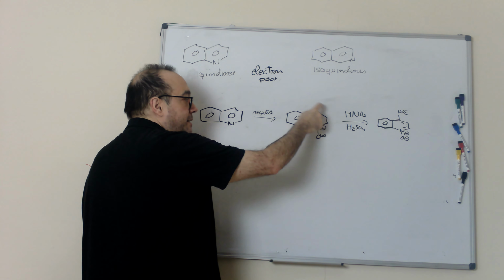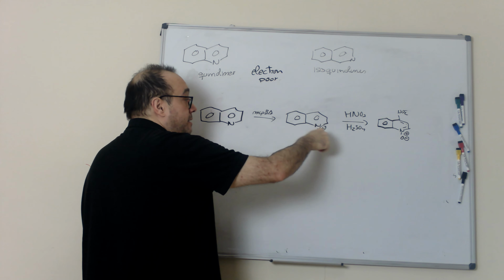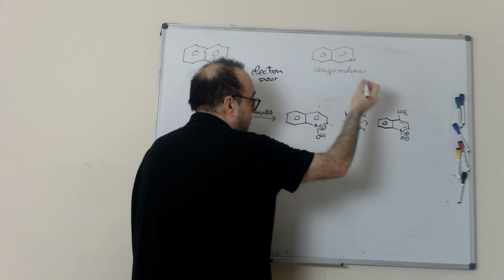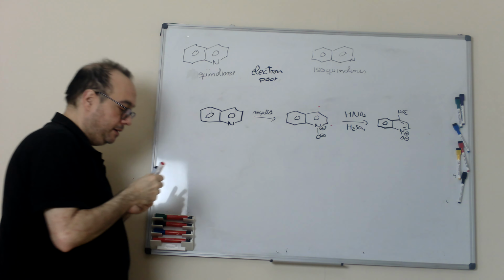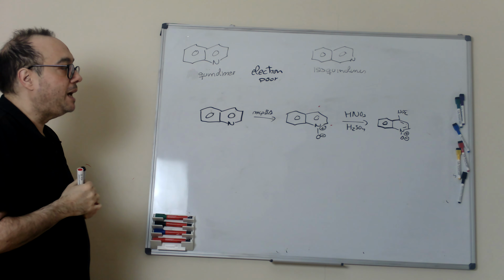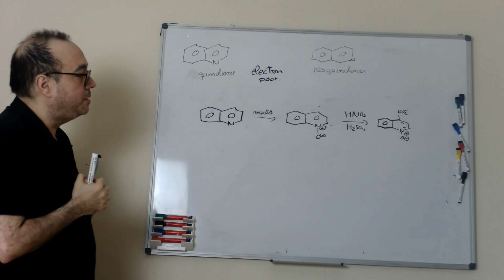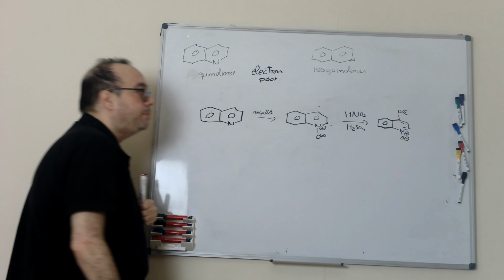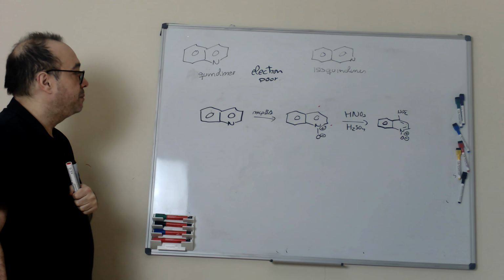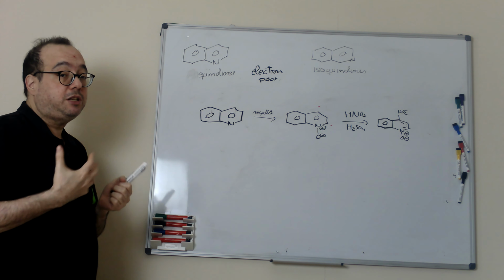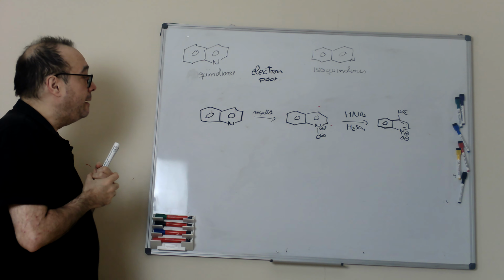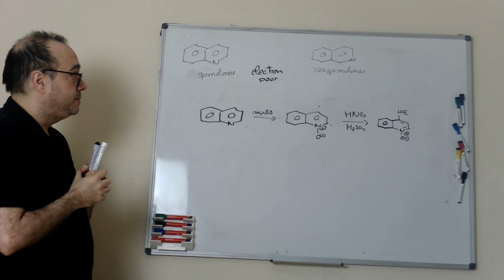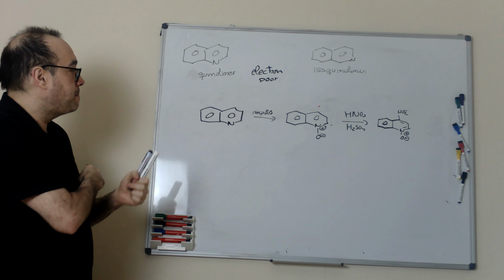This now is an activating ring. That means it will favor ortho-para. Para is always normally easier to approach. That means the nitration will be in the para position. Okay, this is totally analogous to what we did with the pyridines. Okay?